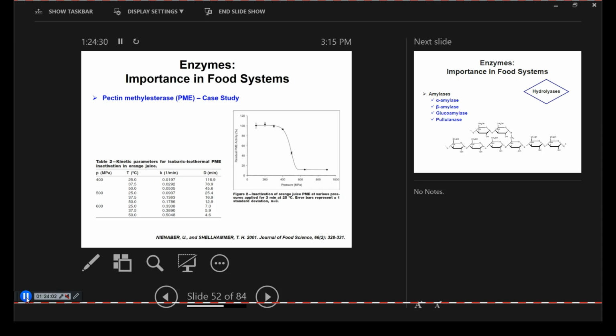They saw significant differences at 37 degrees and higher, starting with 500 and then 600 megapascal, which resulted in quite a bit of impact. So the time needed to reach 1 log reduction was much lower at the higher pressure, higher temperature combination. So that's just an example.